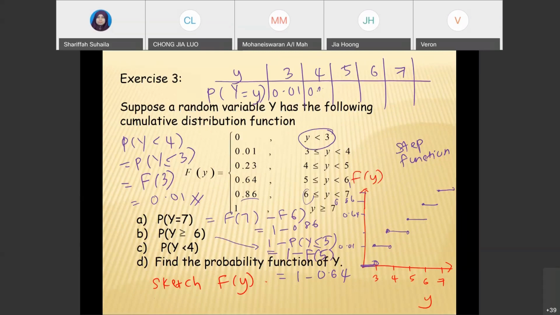Then 0.41, then 1 minus 0.86, so 0.14. So 0.01, 0.22, 0.41, 0.22, 0.14. Check the total probability equals 1. If it does, then this is a probability function.